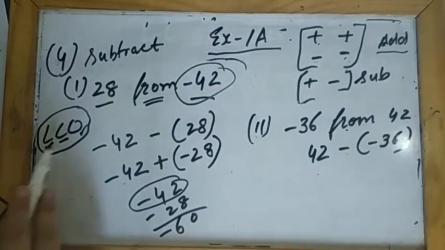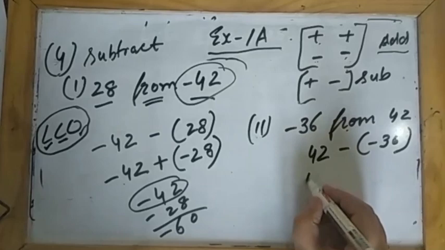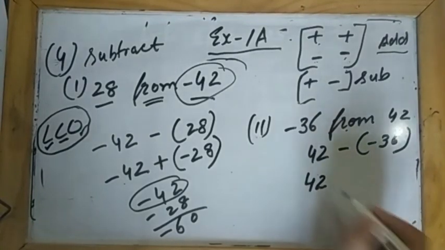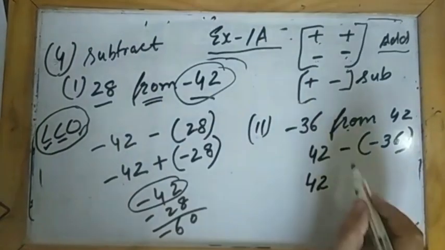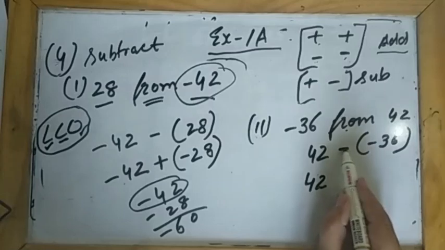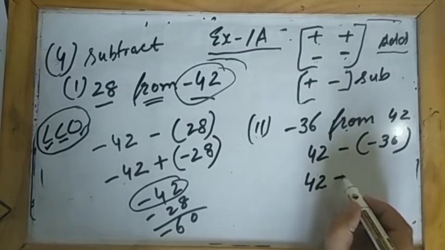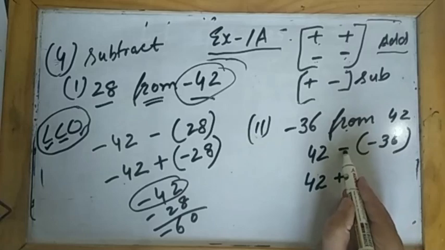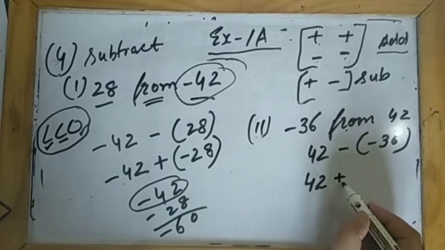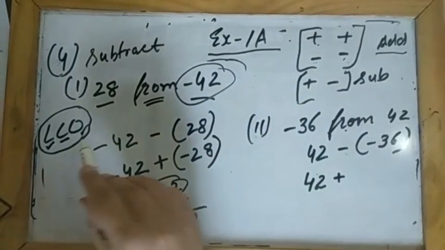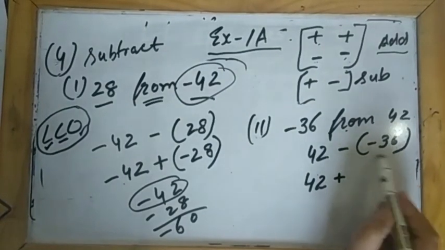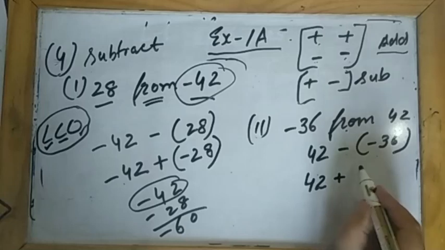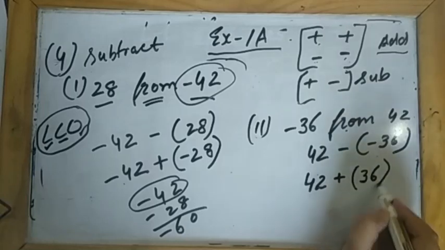So LCO: L means leave the first number as it is. Then C means change the sign of minus into a sign of positive, the sum of subtraction into a sum of addition, and O means opposite. Now I have to write the opposite of this number. So this is a negative number, it will become a positive number.